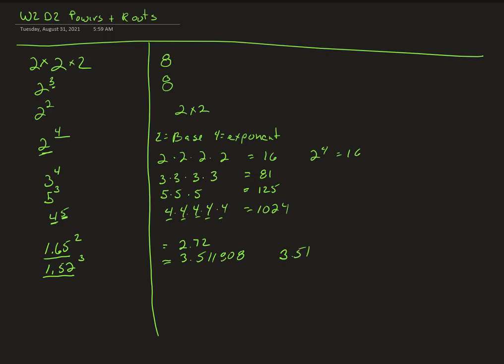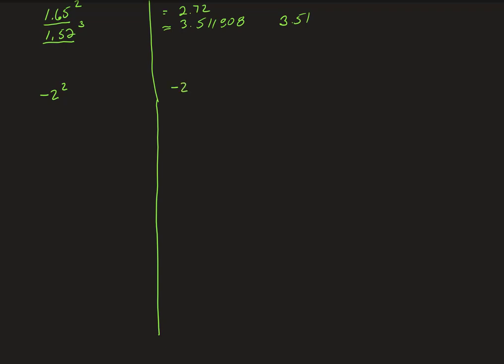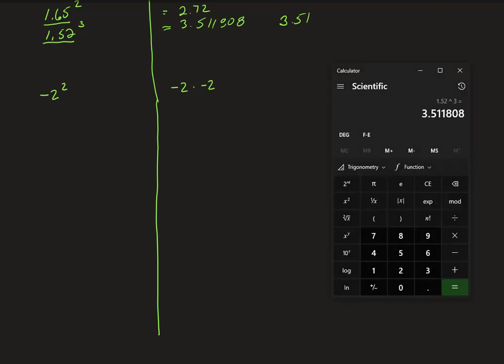What happens if we do negative numbers? So let's take negative 2 squared. And remember, that's the same as negative 2 times negative 2. Now, some calculators struggle with negative bases.